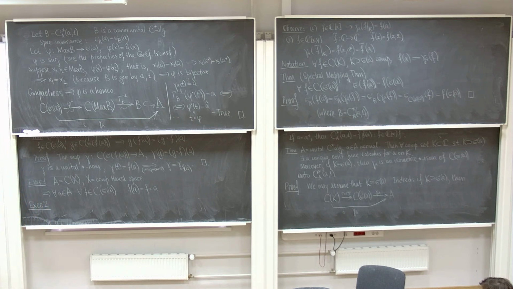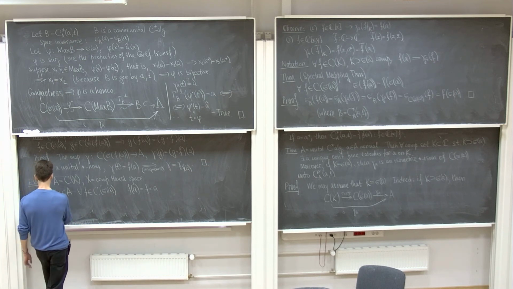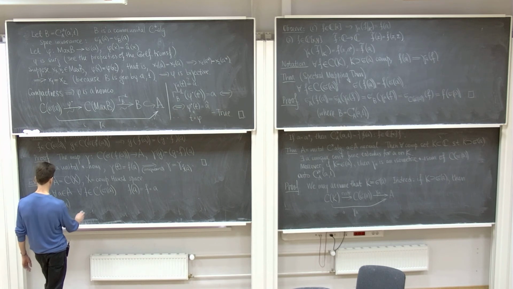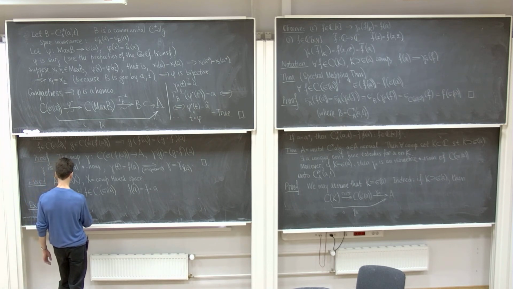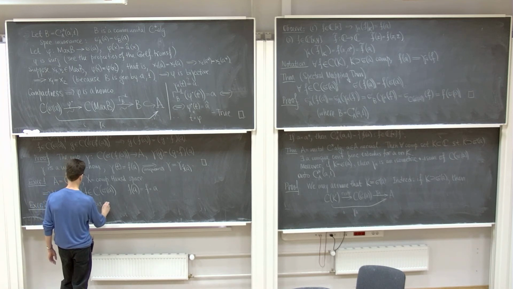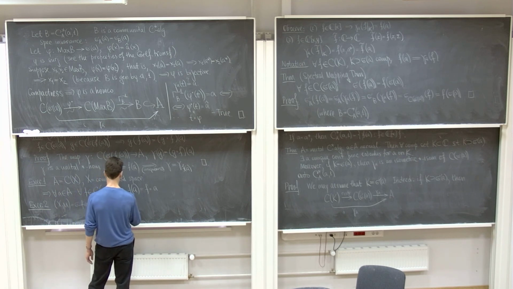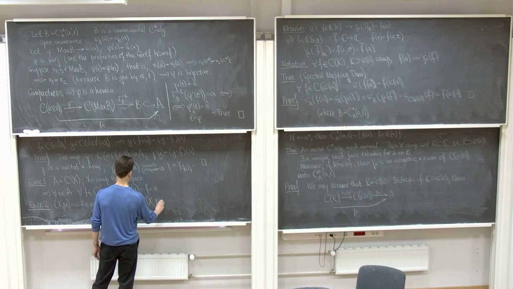And one more exercise, similar to exercise 1, but a little bit more interesting. Suppose now that we have a sigma finite measure space, (X, mu), and we take an essentially bounded measurable function phi on this space.